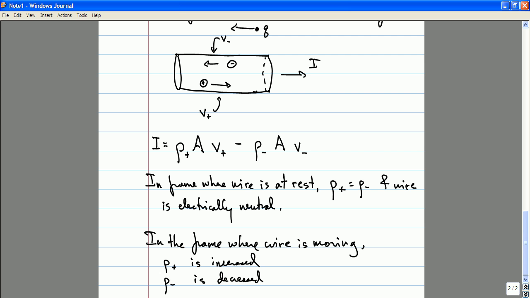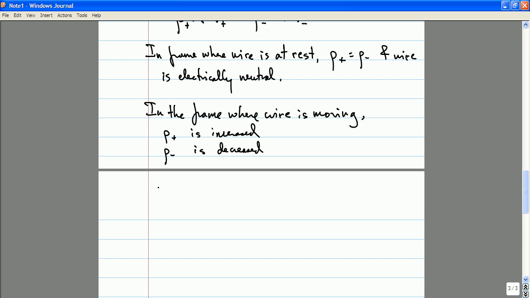But rho plus will be increased because the frame of the charged particles will be length contracted. And likewise, the velocities v plus and v minus will also change due to the velocity addition.